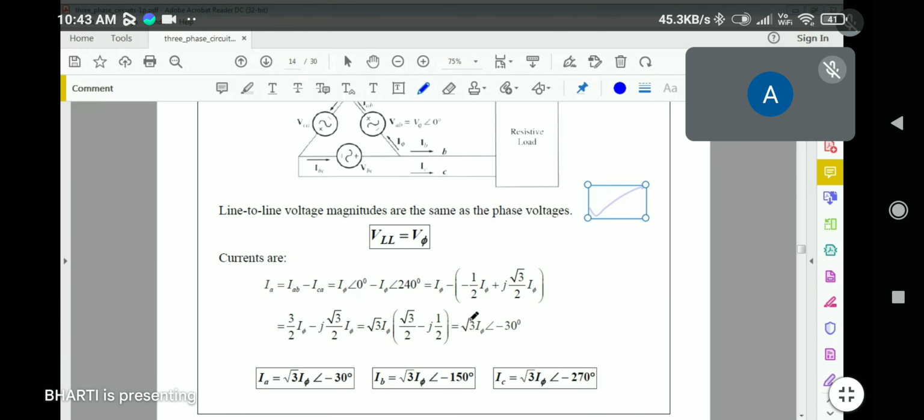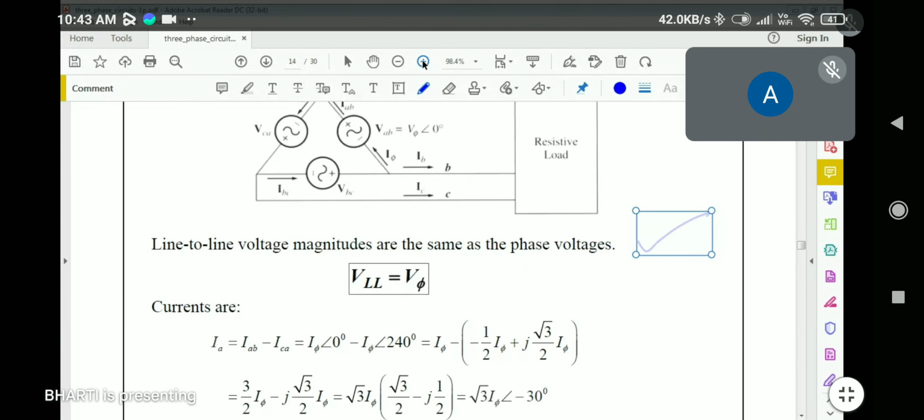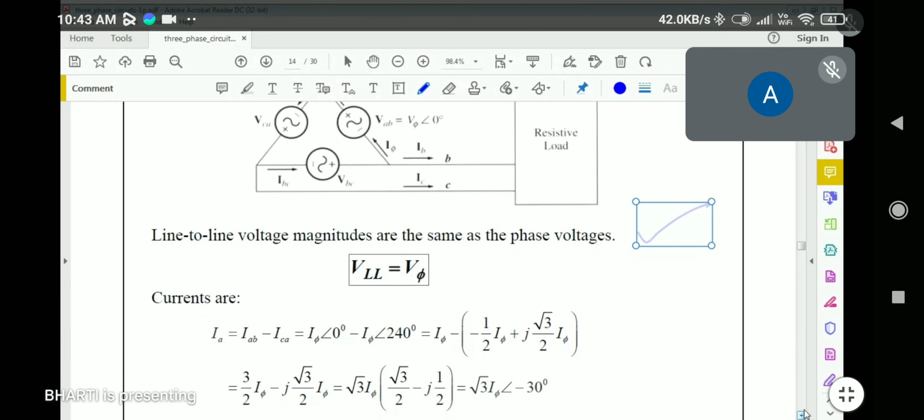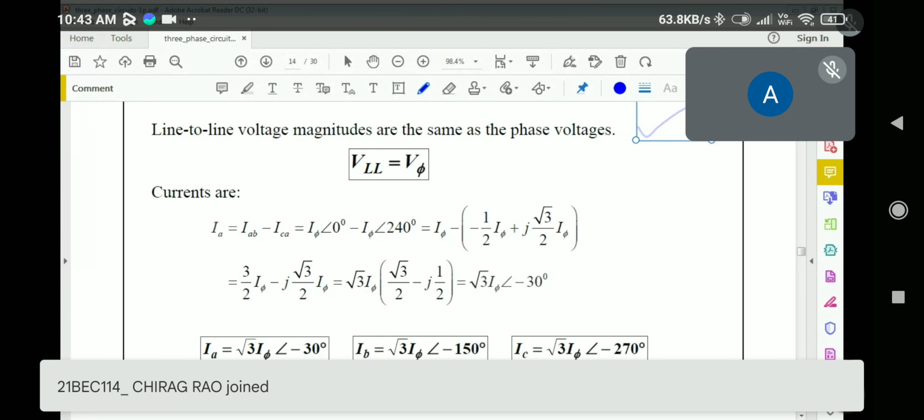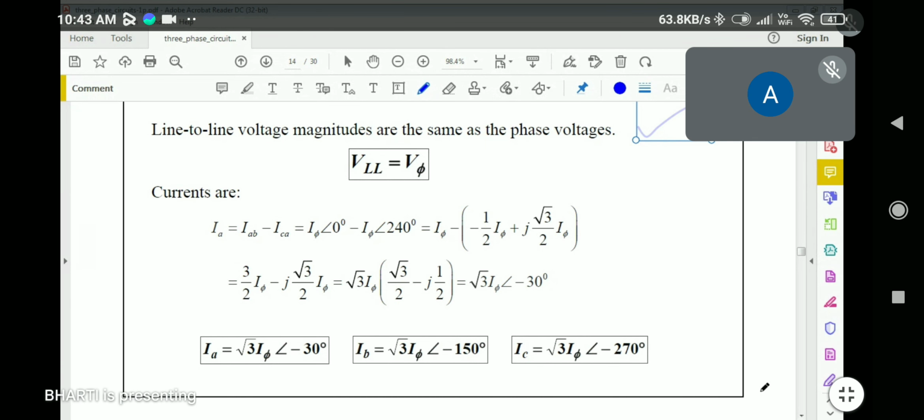This is clear. Now, where the difference lies is in case of current, that we need to discuss now. So you can write, in case of current, IA, that is the current in phase A, is equal to IAB minus ICA. Is it clear?